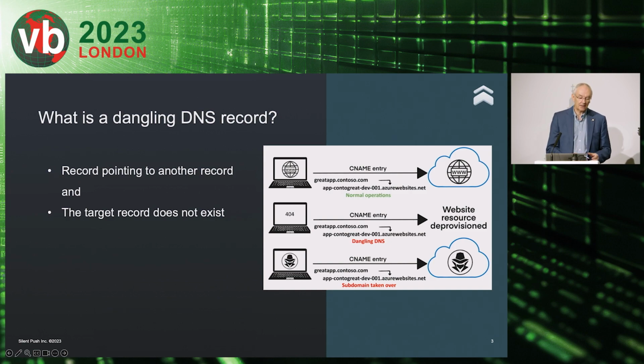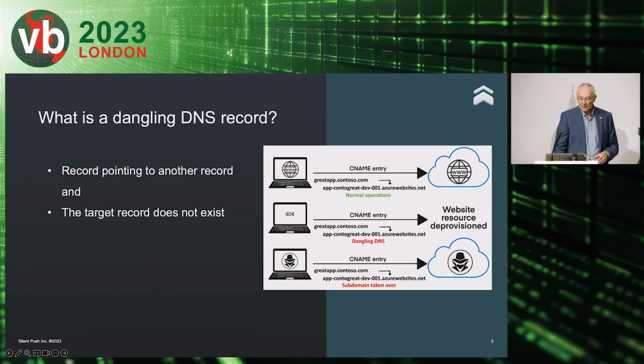If we manage to bring back one of those target records, we can complete the name resolution chain, and it then resolves to something that might be under our control, or outside of the control of the original owner of that resource.